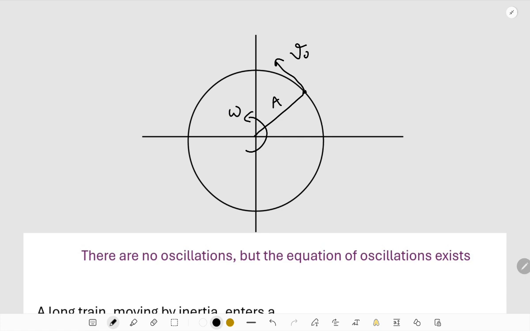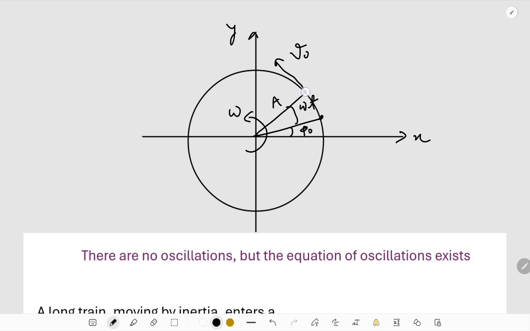The speed is constant, everything is constant, and it has made some angle. It was initially somewhere here, and its angle with the x-axis was phi naught, and it is now here after time t. So this angle must be equal to omega t.